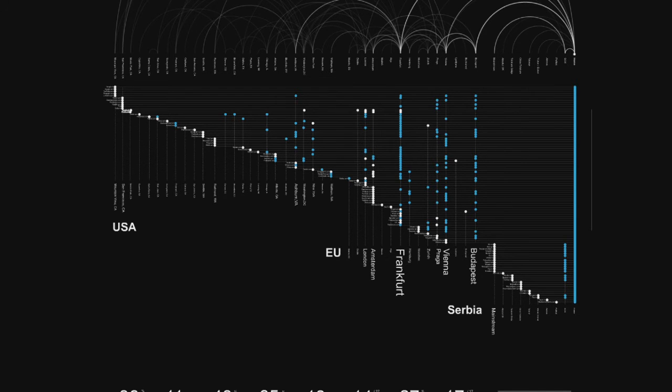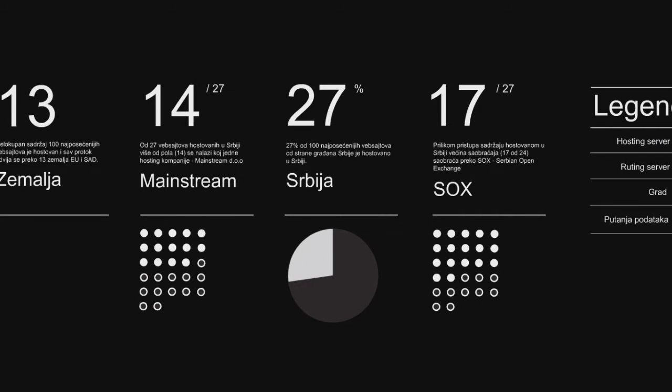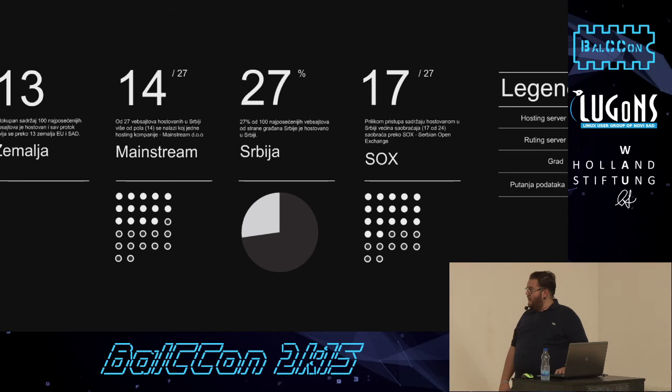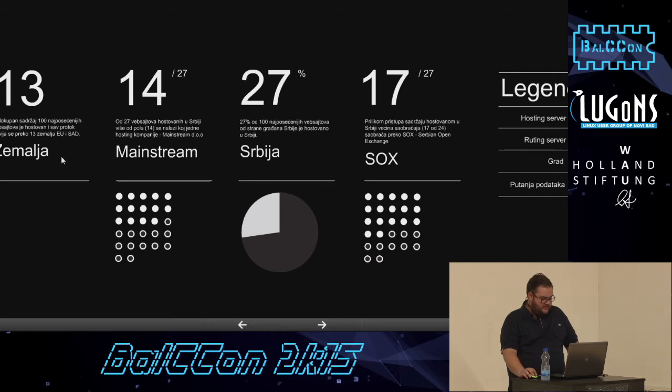Just a little bit of statistics, which I personally don't like, but it's useful sometimes. Only 27% of the websites in Serbia are hosted in Serbia, basically. Only 14 of them are hosted with Mainstream, which means that 14 out of 100, or 14%, is quite a high percentage for a single hosting provider.